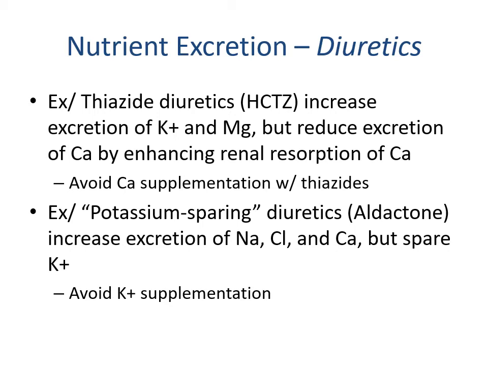These increase the excretion of sodium, chloride, and calcium, but spare potassium. So in this case, we actually need to avoid supplementing potassium. And you can see why, again, this can be very confusing for patients, because to them, these are all Lasix and they all make you pee. But they work a little bit differently, and so the micronutrient supplementation is different.